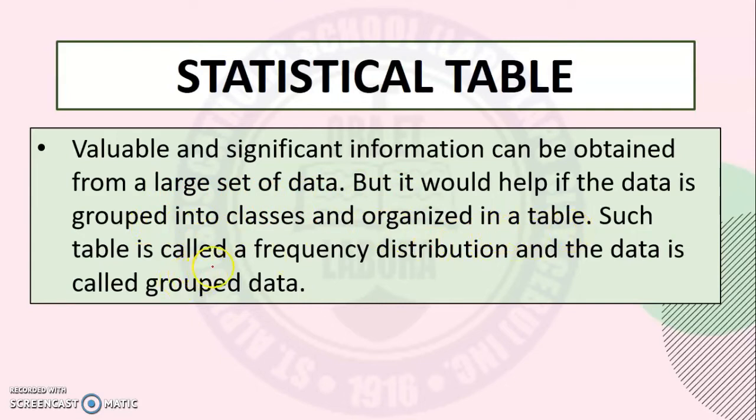Such table is called a frequency distribution, and the data is called grouped data. That means we will use statistical tables if the information that we have obtained is a large set of data.